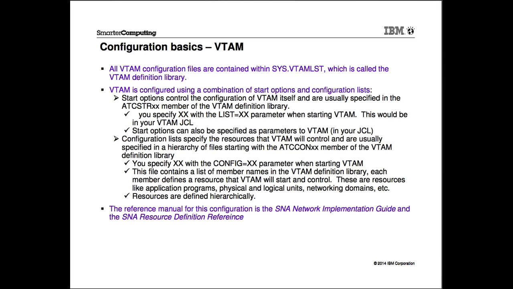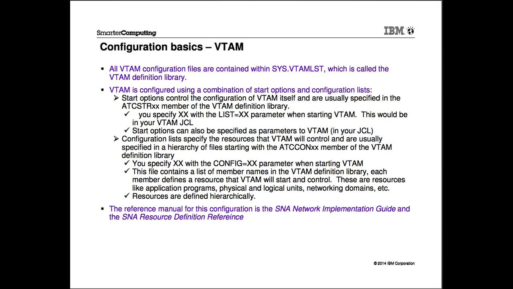And then there's configuration lists. Configuration lists specify the resources that VTAM controls. They're usually specified in a hierarchy of files, and the top of the hierarchy is ATCCONxx. And just like LIST, xx is a 2-digit number, so you specify CONFIG equals 01, then VTAM goes to ATCCON01 and starts going down those files to define its resources.